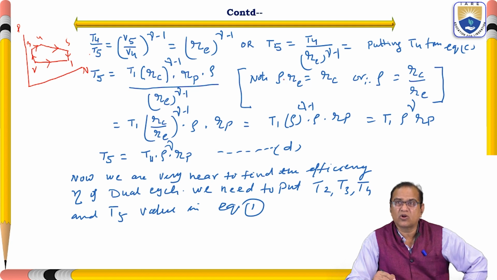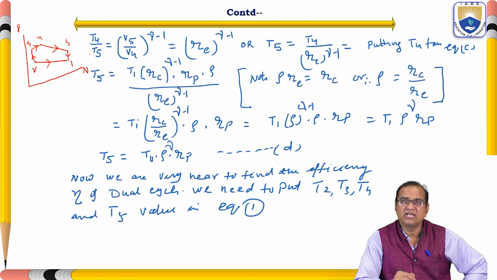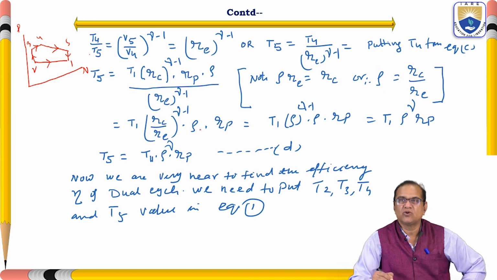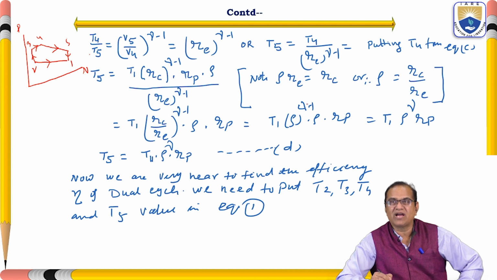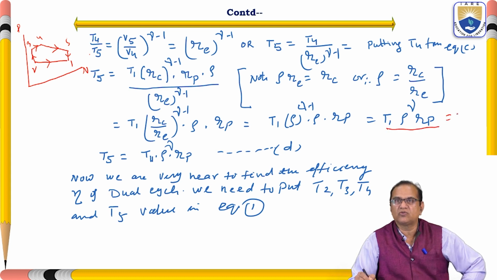Here, rho into RE is equal to RC, so rho is equal to RC by RE. So we can write T1 into RC by RE, that is rho, to the power gamma minus 1 into rho. This rho is cancelled, so you will get T1 rho to the power gamma into RP, which is equal to your T5.